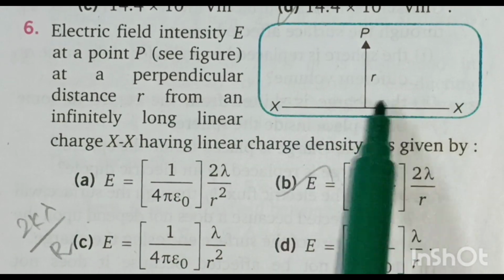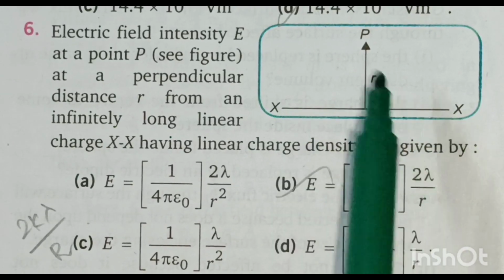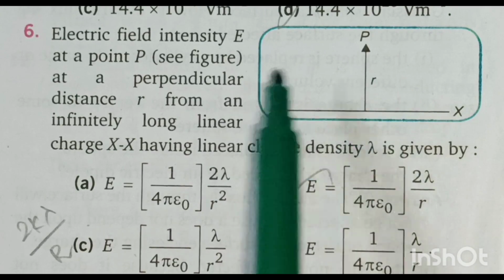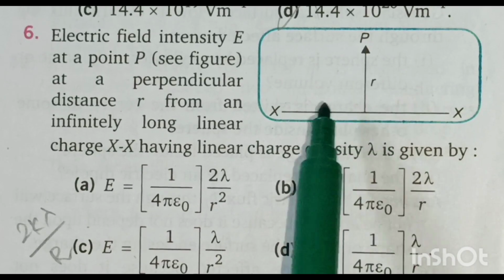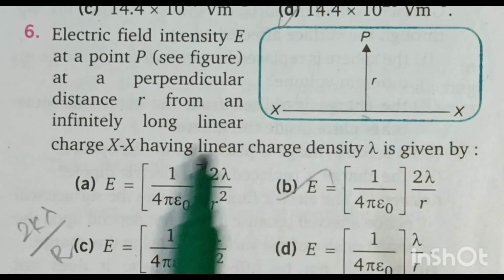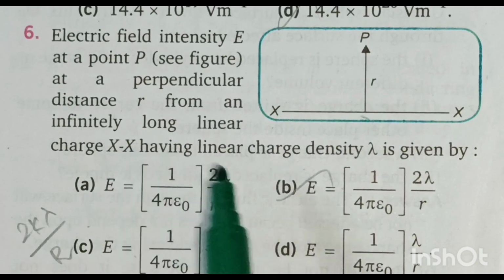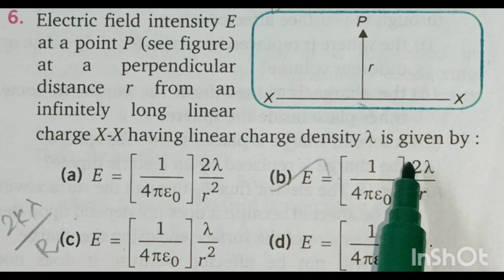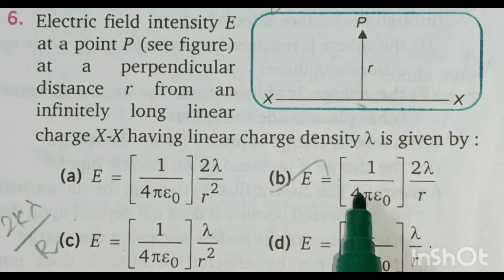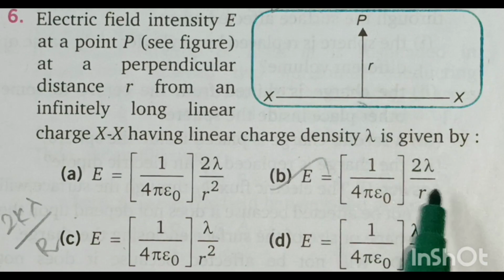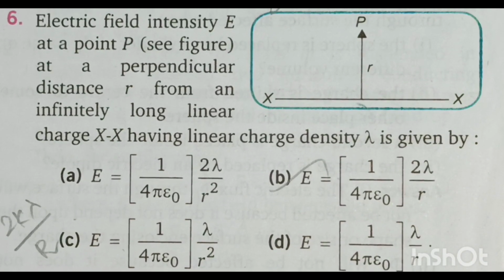This is the infinite wire, and this is the point P at a perpendicular distance r from the wire. What is the electric field at the point P because of this infinite charge? It is 2k lambda by d. What is k? It is 1 by 4 pi epsilon naught. The distance here is small r, so that is the answer.